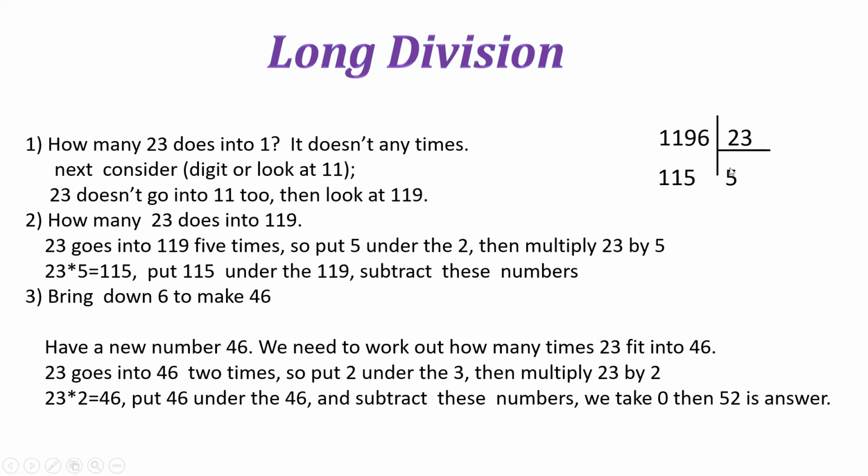Write 5 in the quotient box and multiply by these numbers, 23 times 5. 3 times 5 is 15. Write 5, carry 1, and 2 times 5 is 10. Add the carry 1, it will be 11, so 115.